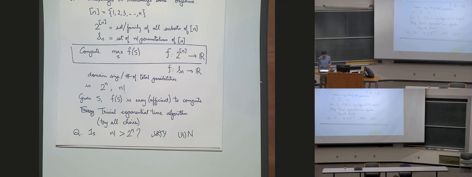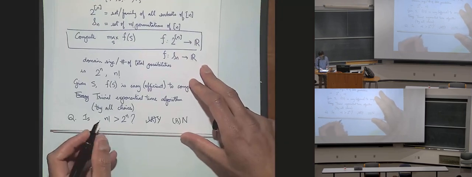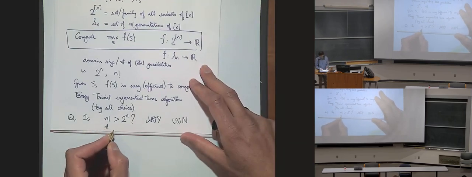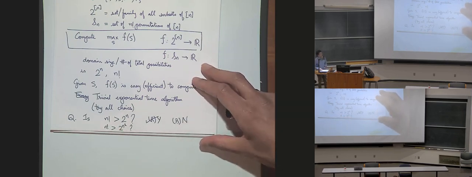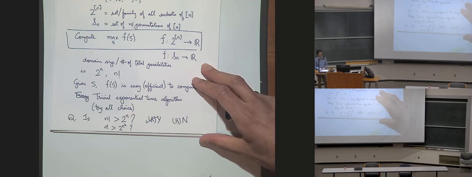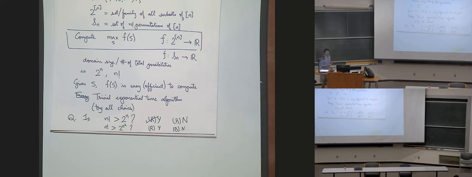Okay, now I'm going to give you a hard one. Is n factorial more than 2 to the n squared? It's harder.